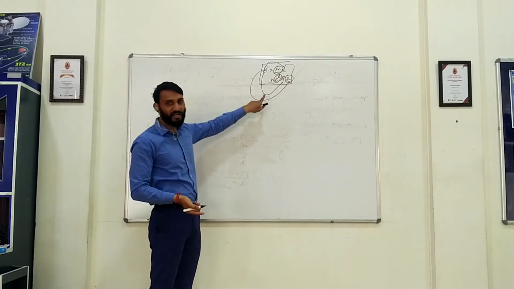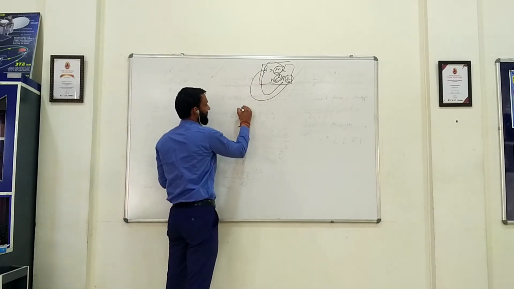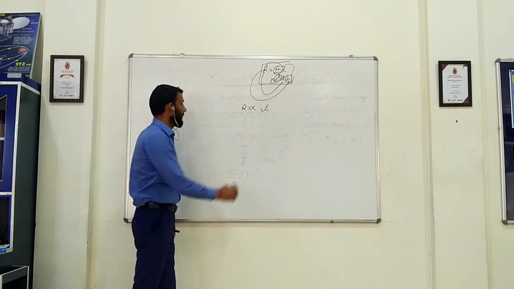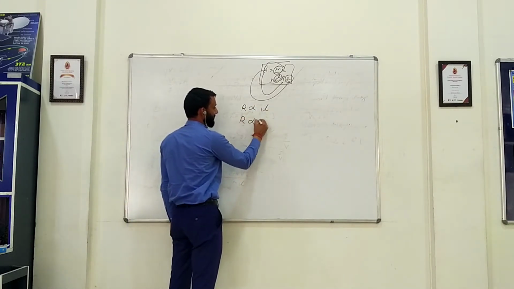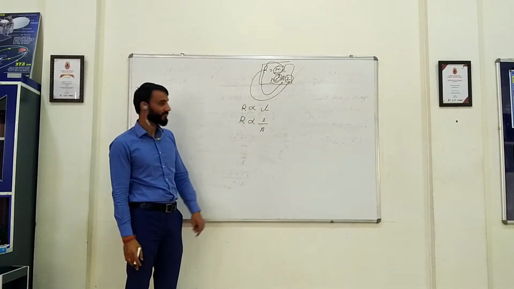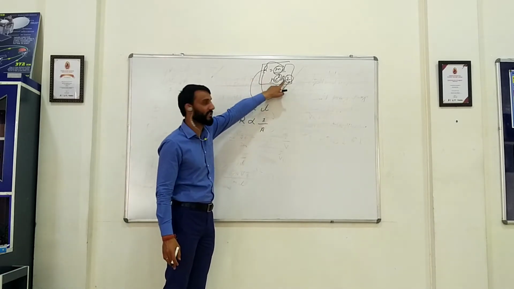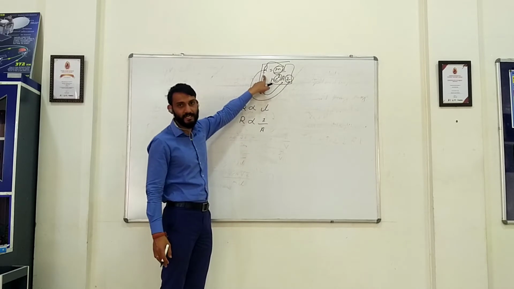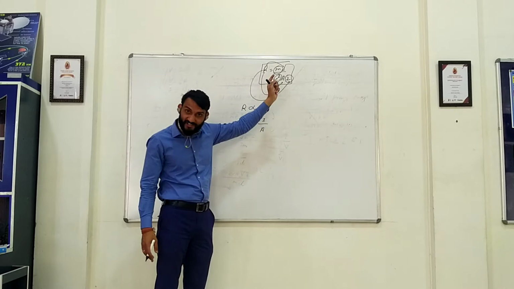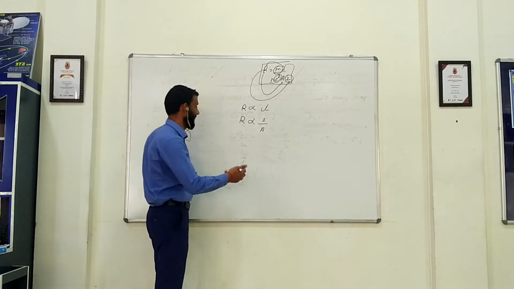So from this formula itself, I could gather that R, that is resistance, is directly proportional to length, and resistance is inversely proportional to the area of cross section. And this depends on this tau. The relation of tau with resistance tells me that resistance depends upon the temperature also, which we have done in the previous class as well.